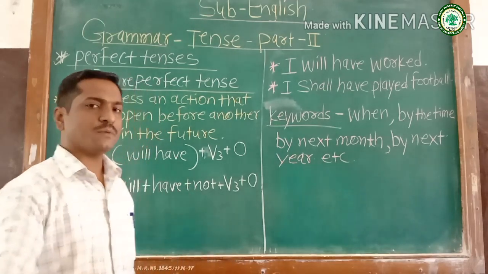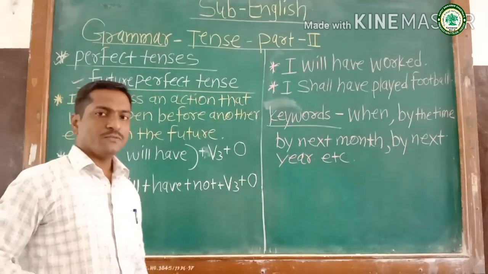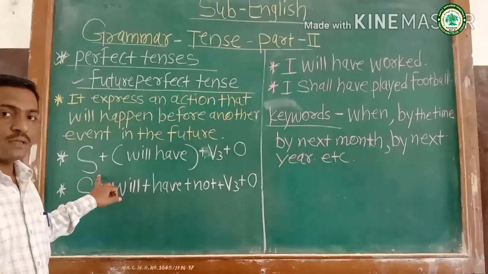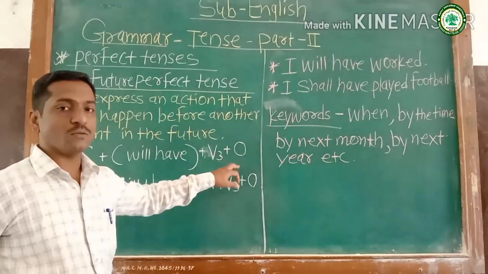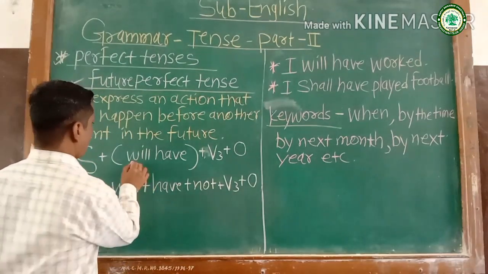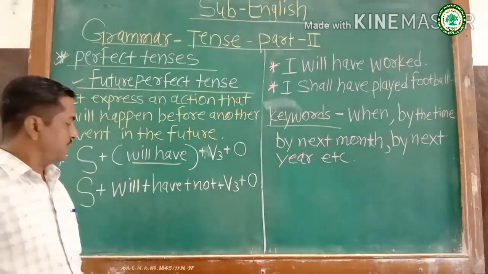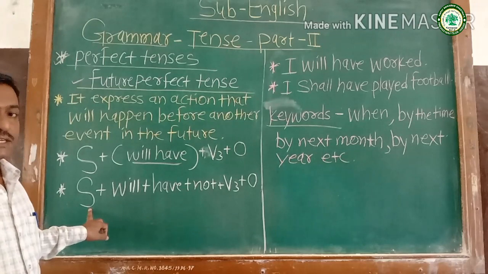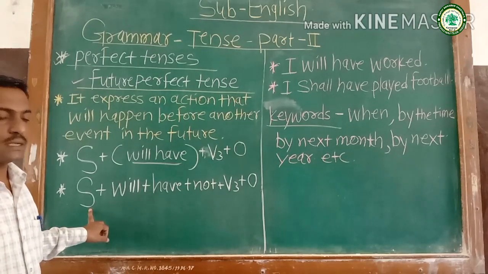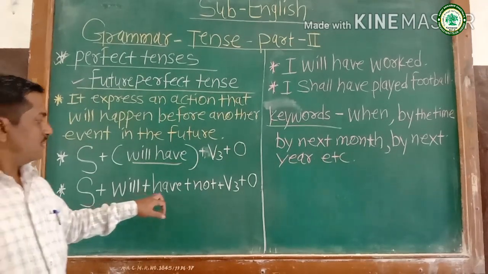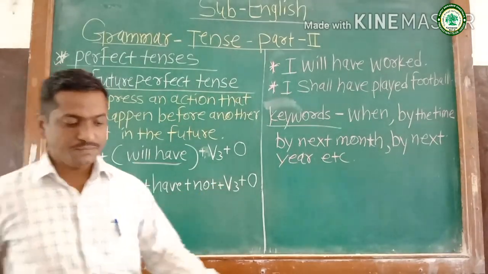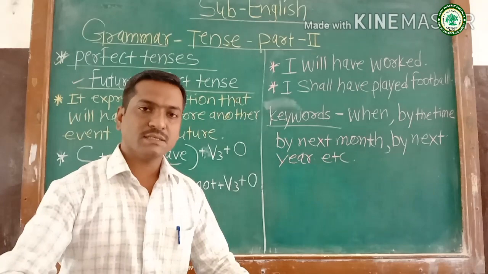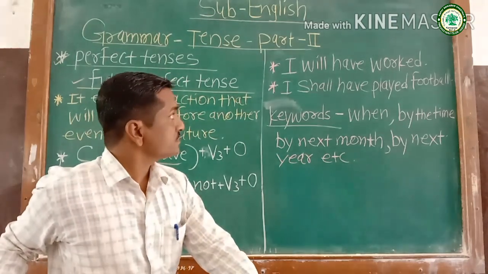The affirmative structure of future perfect tense is subject plus will plus have plus V3 plus object. We use will have in this tense. Then the negative structure is subject plus will plus have plus not plus V3 plus object. Students, let's take some examples.